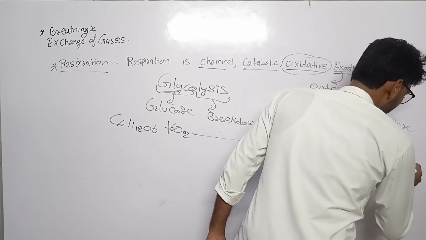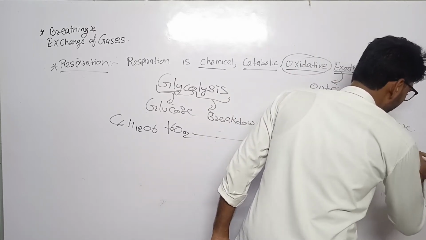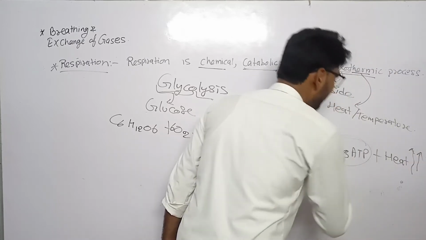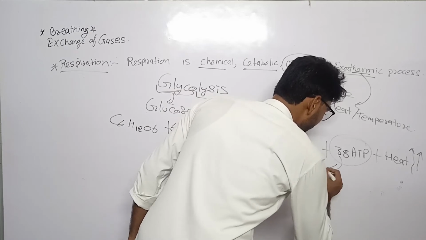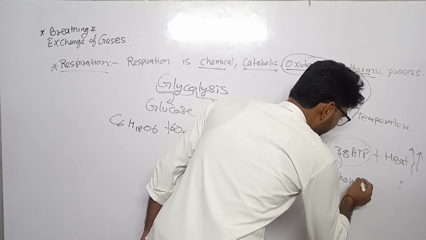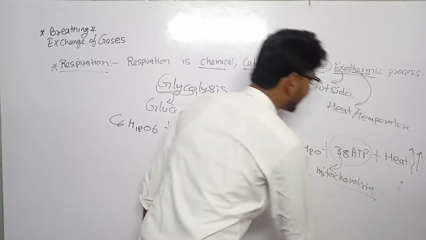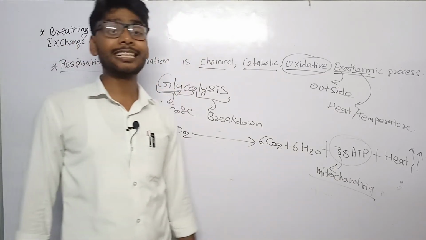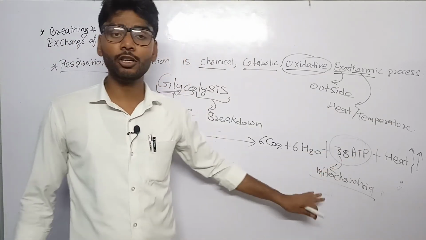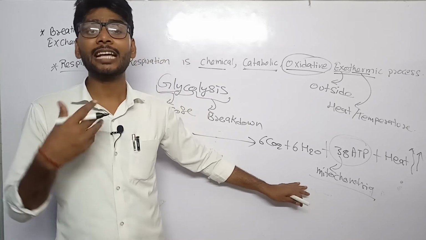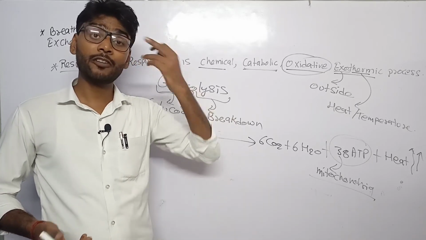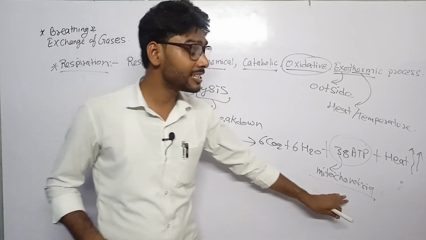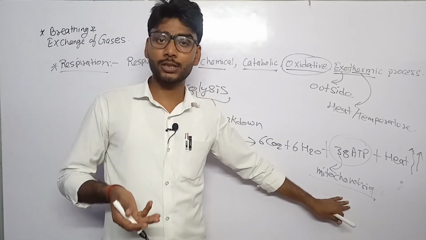and some heat. Okay, heat is released into the environment, and this ATP is stored within the mitochondria, and at the time of requirement, at the time of performing physiology like speaking, at the time of running, at the time of thinking, at the time of inhalation, this energy is used by that person.